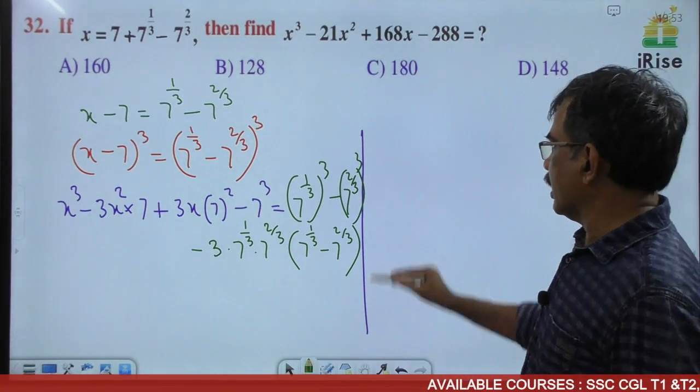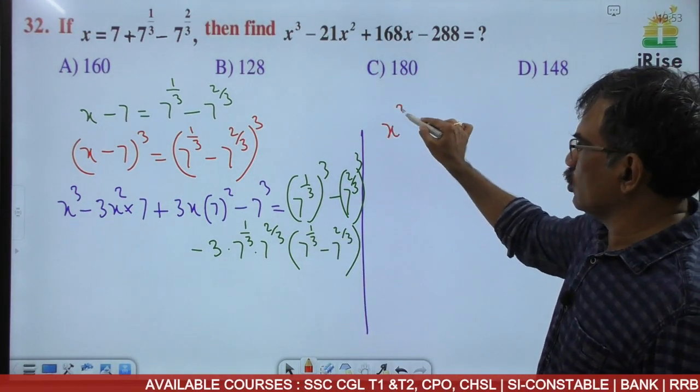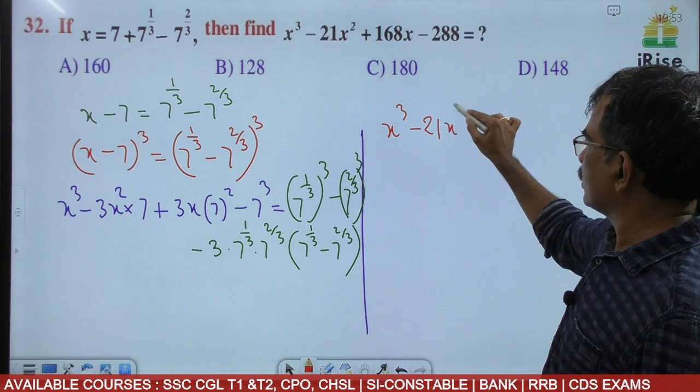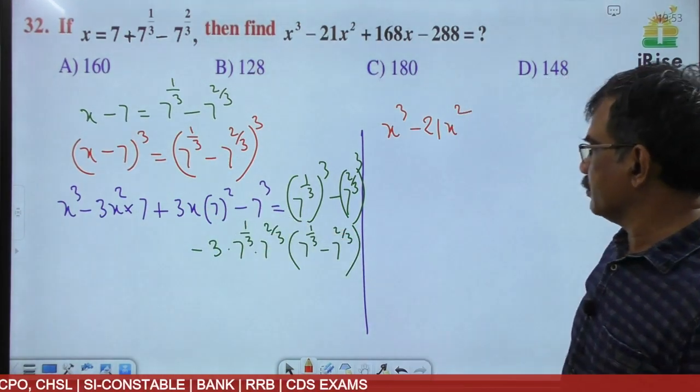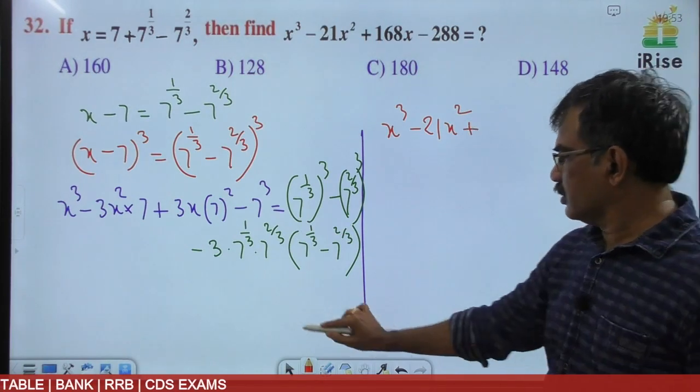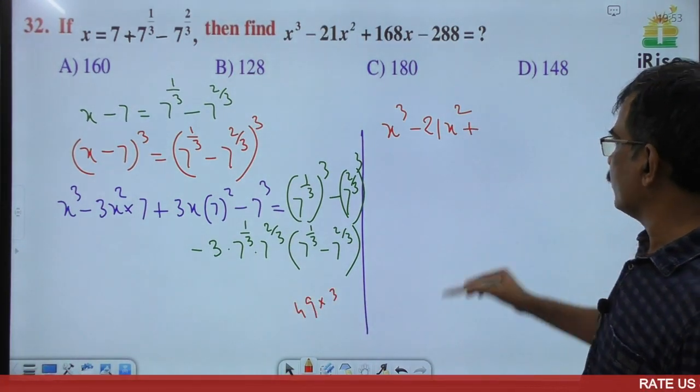This can be written as x cube minus 21x square. This is 49 into 3, 49 into 3, which is 150 minus 3, 147.